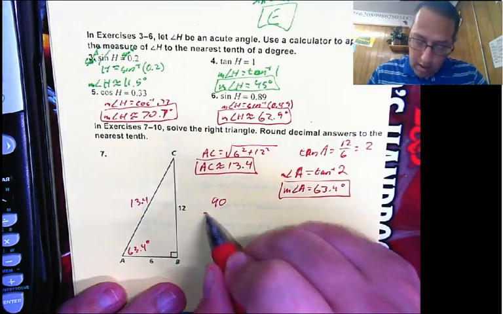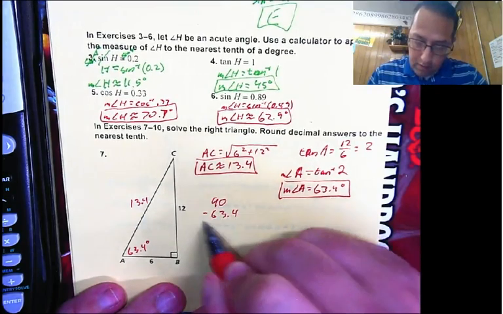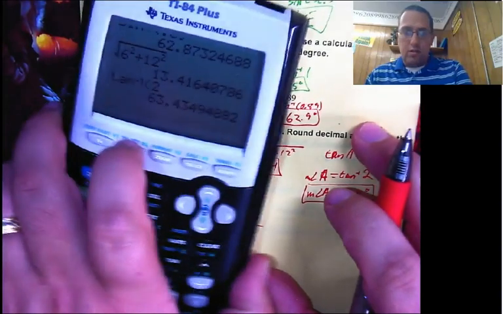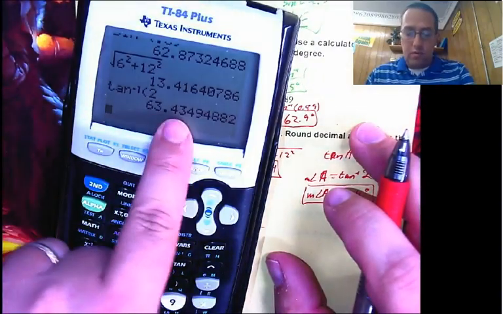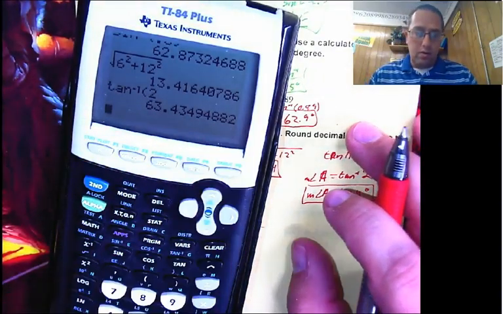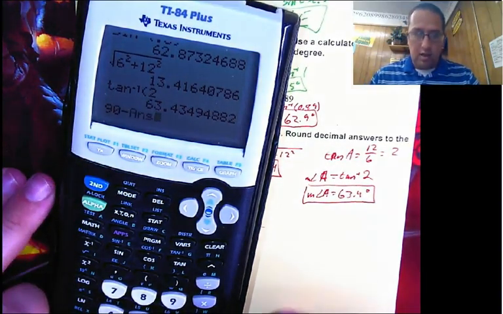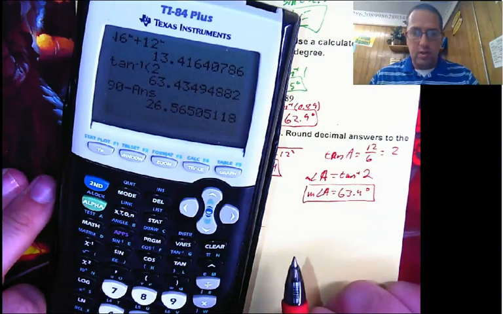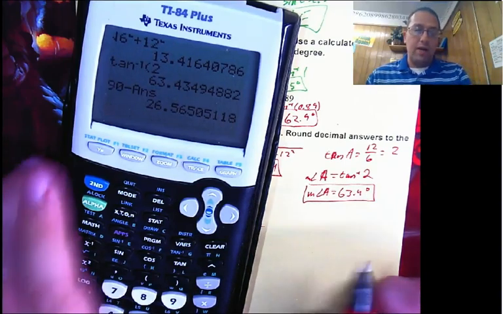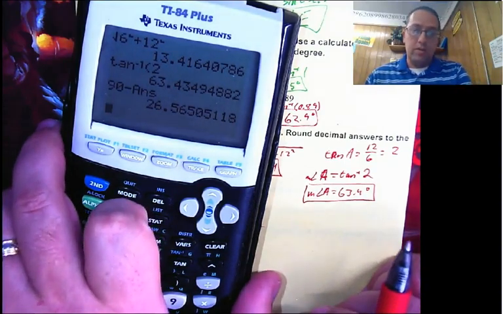So 90 minus 63.4, and I'm not actually going to use 63.4. I'm going to use 63.434948882, the whole thing. So 90 minus, second answer, gives me 26.56, which rounds to 26.6.